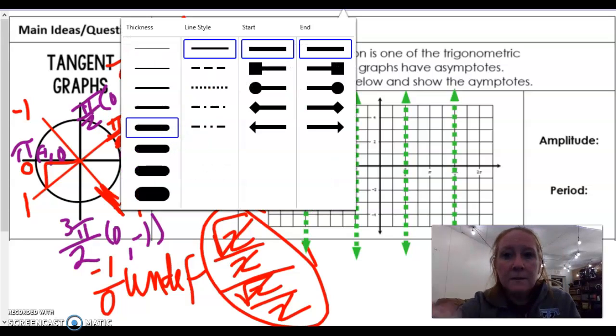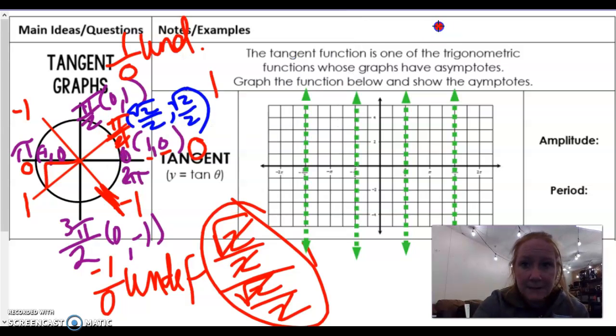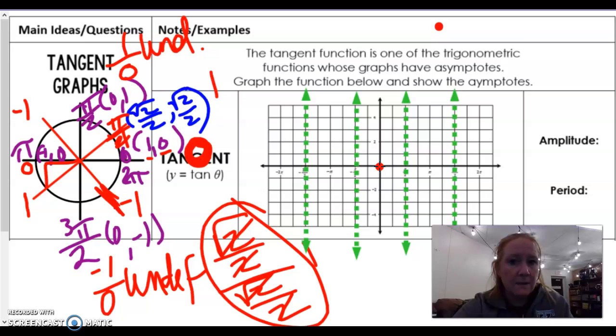Let's start at 0. At 0, right here, the tangent is 0. At pi over 4, it's 1. At negative pi over 4, here, it's negative 1.